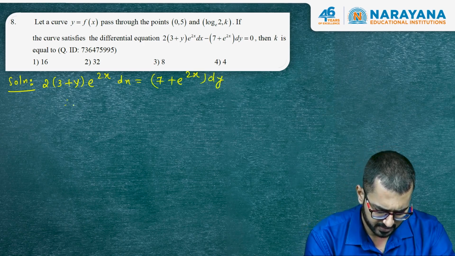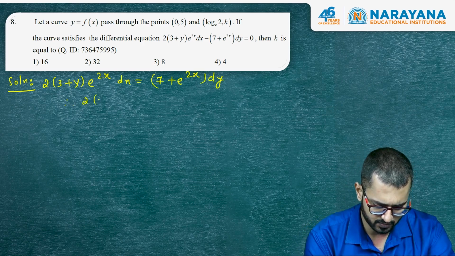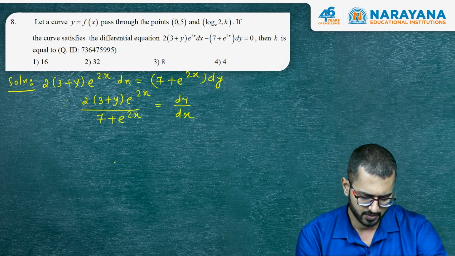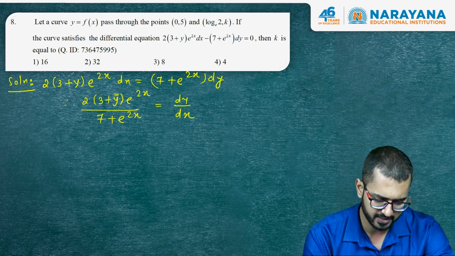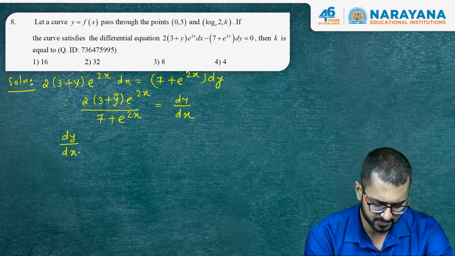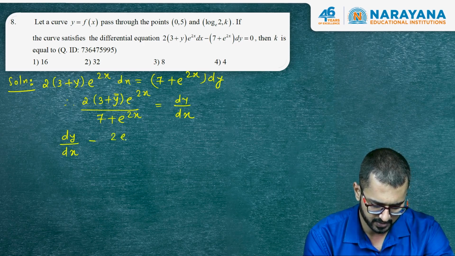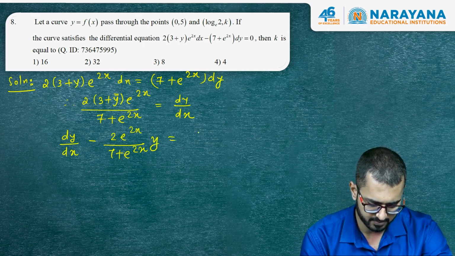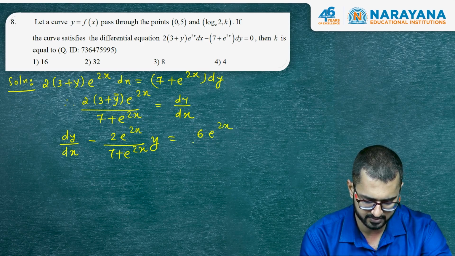I can write dy over dx as 2 times (3 plus y) into e to the power 2x over 7 plus e to the power 2x. Of course I have the presence here of y, that means I should think of making it a linear differential equation. So dy by dx minus 2 e to the power 2x over 7 plus e to the power 2x times y is equal to 6 e to the power 2x over 7 plus e to the power 2x.